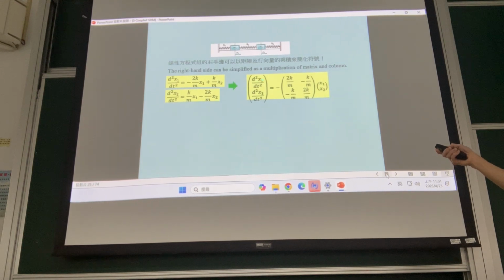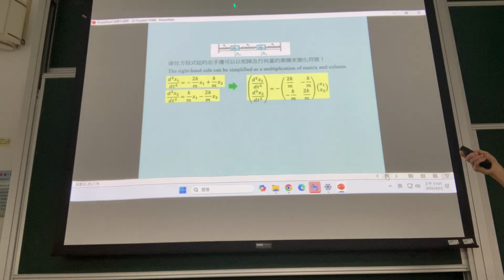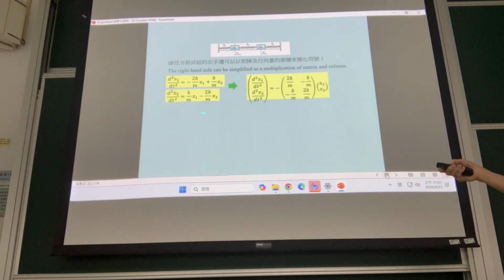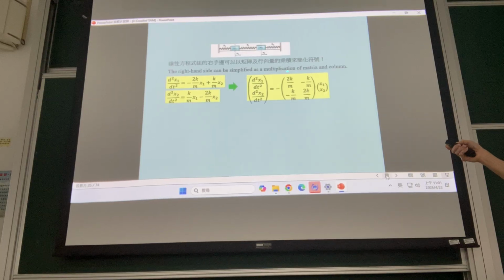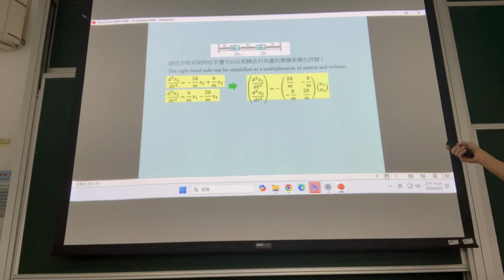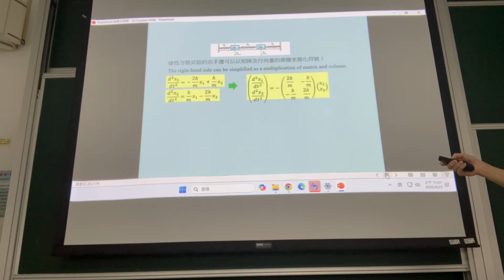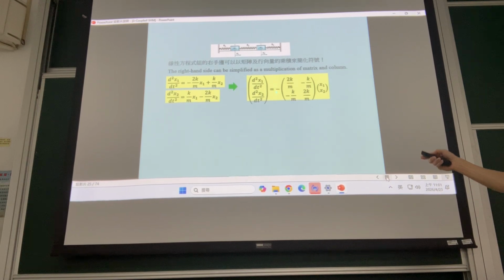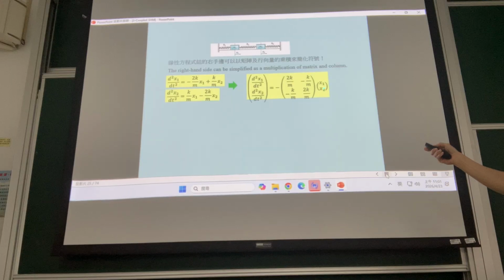I call it d squared x1 dt squared, d squared x2 dt squared. It will be equal to, the right-hand side could be simplified by this multiplication of a matrix with a column. So if you collect this number here, this number here, this number here, this number here, you form a 2 by 2 matrix.